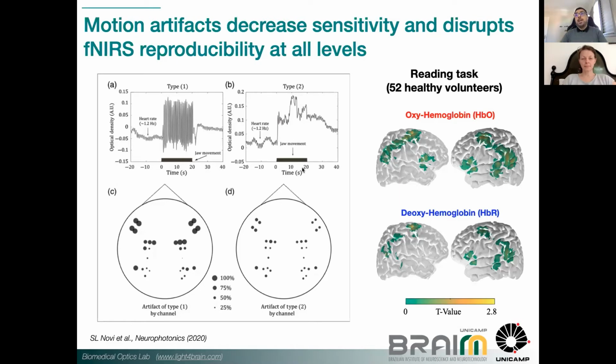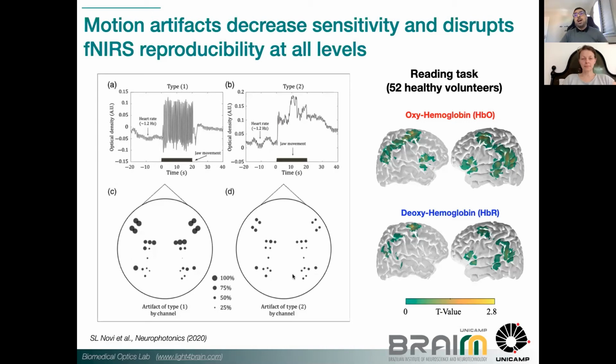And the second thing is that you can always have an uncoupling between the optode and the skin, right? That will drive a change in baseline of the optical signal. And although you are only speaking at the front, with your mouth, in the anterior part of the brain, this can affect posterior channels as well, posterior regions that you were eventually measuring.